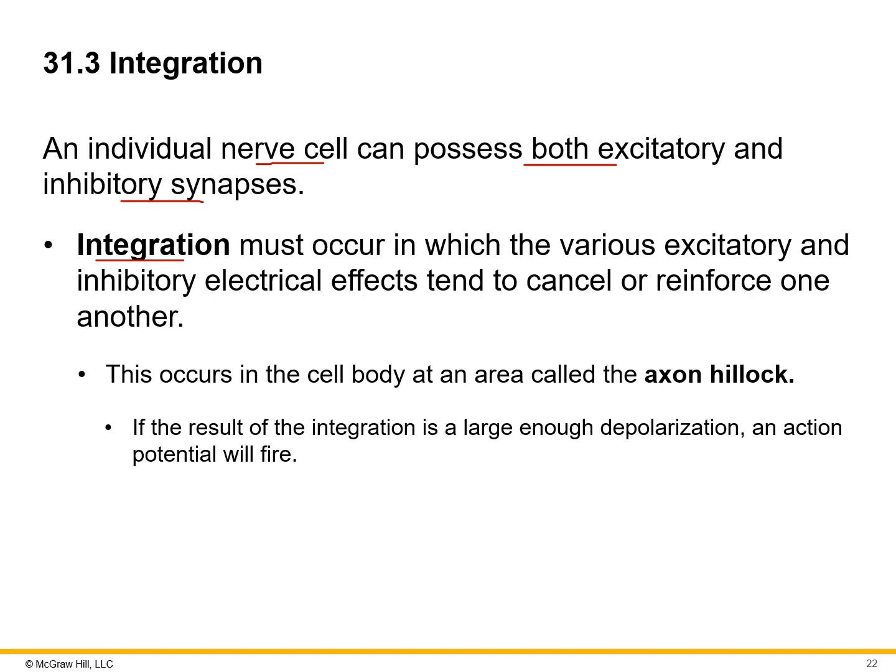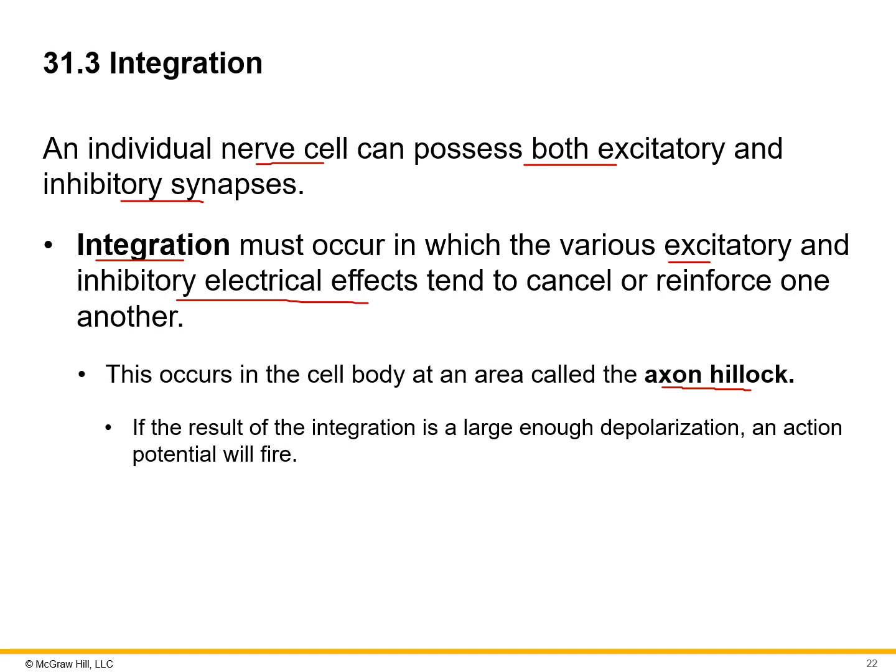The region right at the beginning of an axon is called an axon hillock. There, this integration occurs, where it takes in all the information, the various excitatory and inhibitory electrical effects. It interprets what actually needs to happen. Do I need to generate an action potential or do I need to stop?